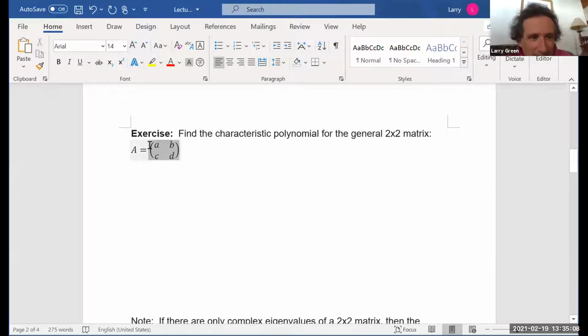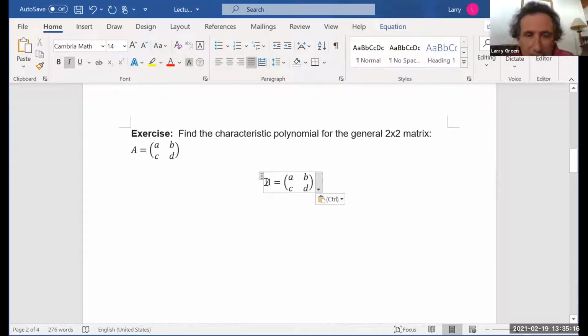So what we're going to do here is, let me copy and paste it. We don't want A, we want the determinant of A minus lambda I. Lambda, by the way, is spelled LAMBDA. You don't need to know that.